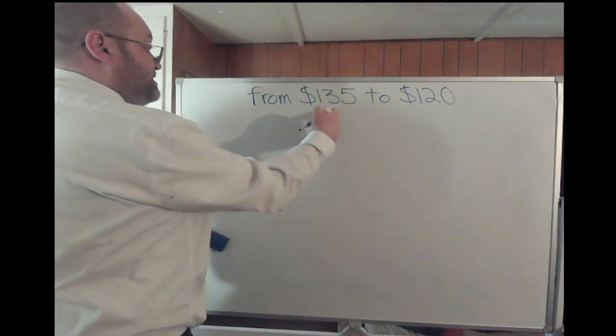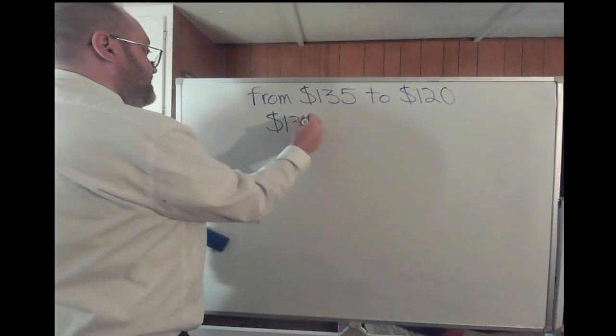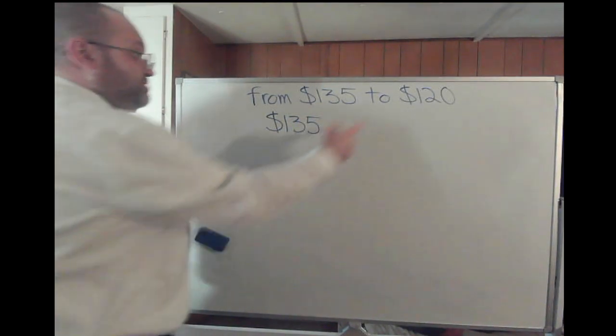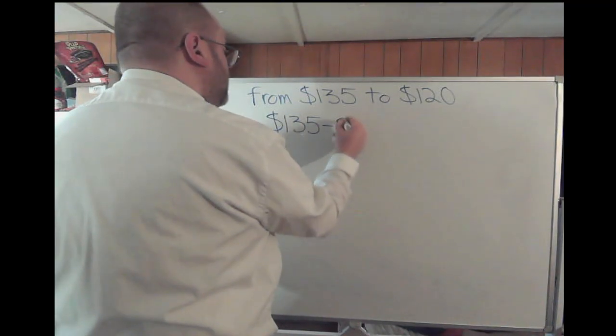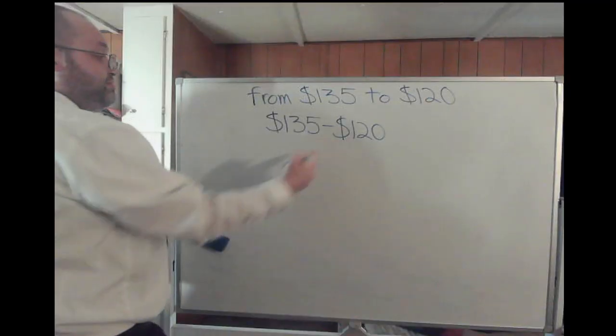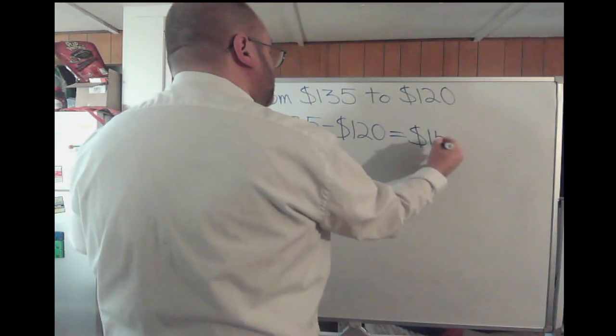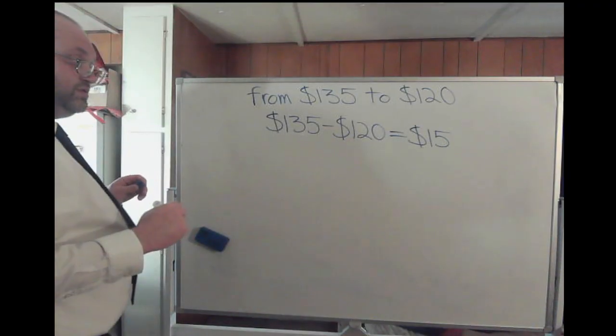So if it's a decrease, again, take your original amount, $135. You would subtract the new amount from it, which would be $120. So 135 minus 120 is $15. So that's a change of $15.